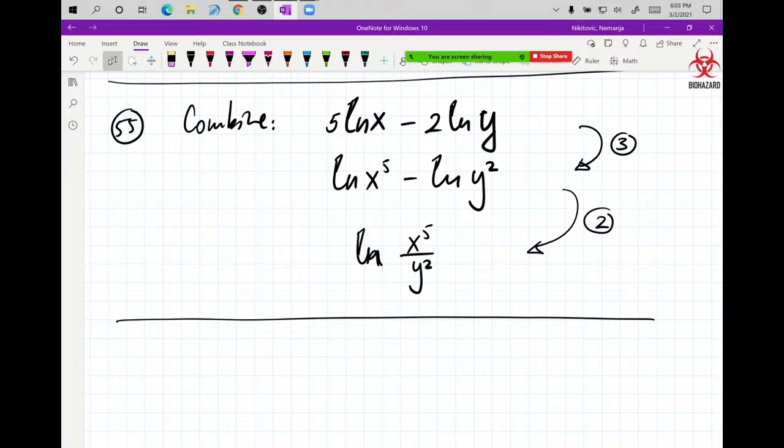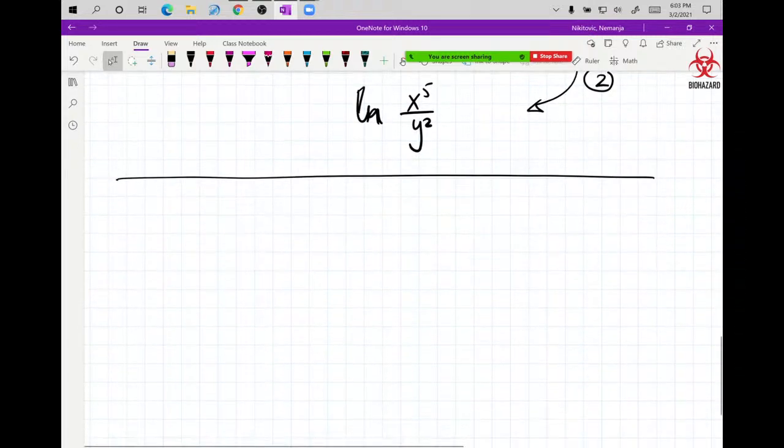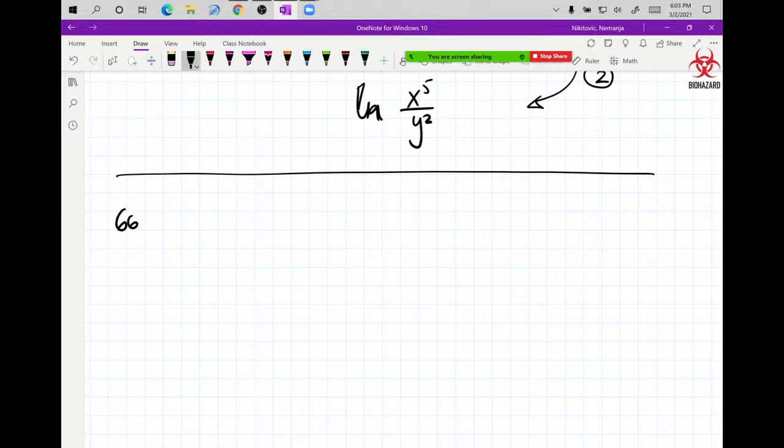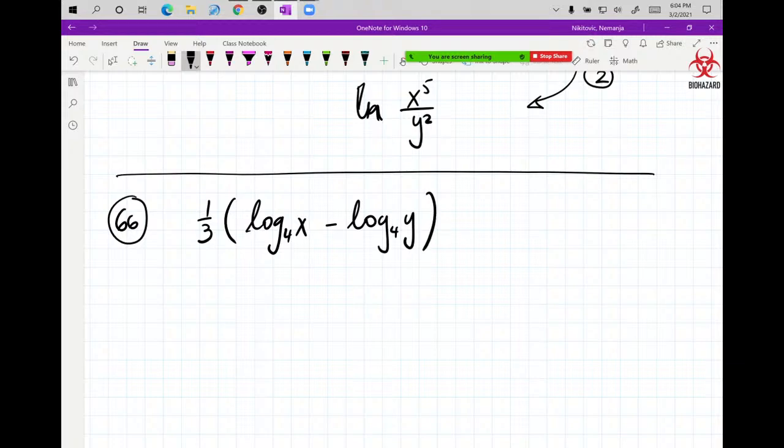You can take a look at one of these spicier examples, like 66. 1/3 log base 4 of x minus log base 4 of y, close parenthesis, plus 2 log base 4 of x plus 1. So combine this into a single log. Let's see what you get.